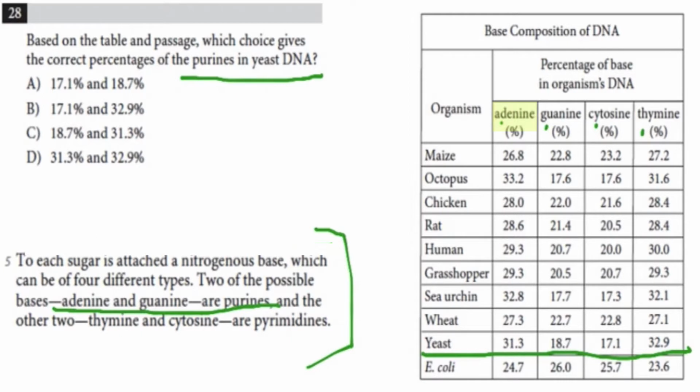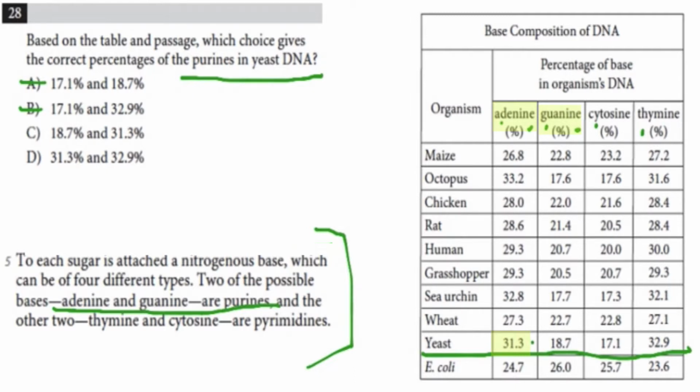Those are adenine and guanine. This is what we care about. And what is the composition of adenine in yeast? It is 31.3%. So we need to eliminate any answer choices that don't contain 31.3%. That would be A and B as we go back to the question.